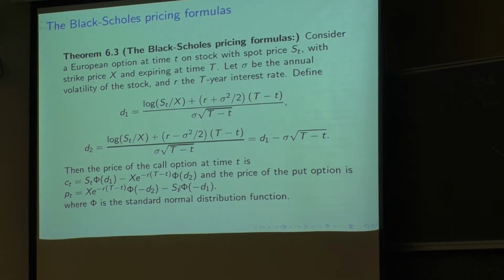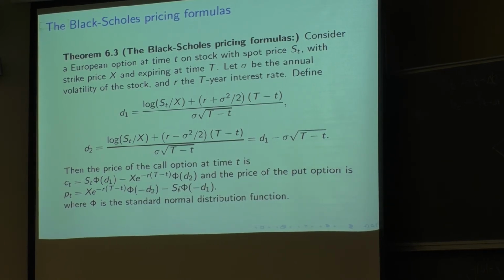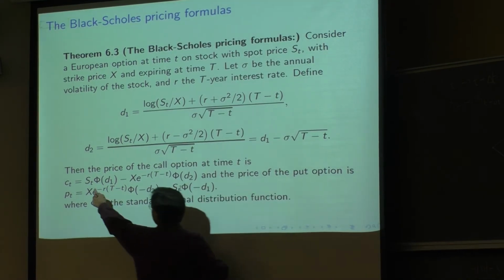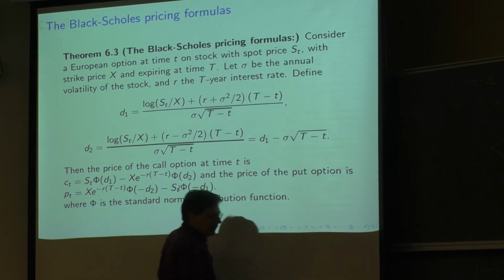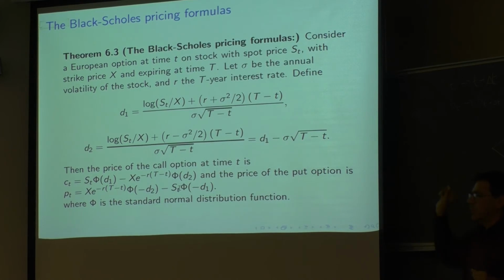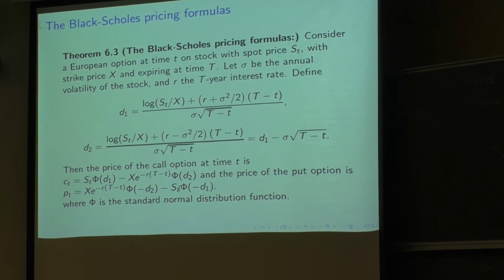I have to take this function of S and time. If you look at it, there are S's in it and there are times in it, so you can think of it as a function of S and time. And you can find the derivative of that function with respect to t, the derivative with respect to s, and the second derivative with respect to s.